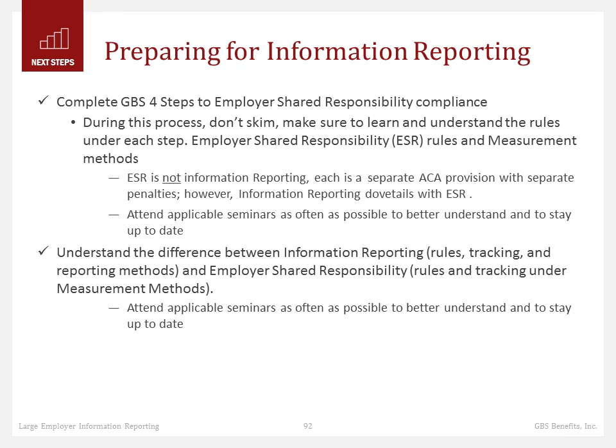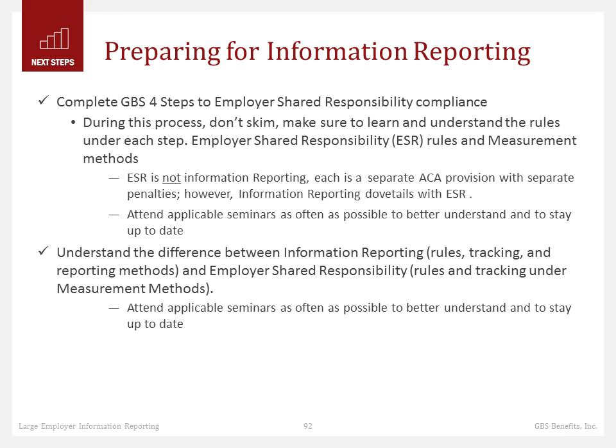So, this is where you start. Number 1, first checkbox, complete GBS 4 steps to employer shared responsibility compliance. As you could tell throughout this presentation, the 4 steps is really important in order not only to prepare and make sure you're in compliance with employer shared responsibility, but it also magically helps you prepare for information reporting. So during this 4-step process, don't skim.